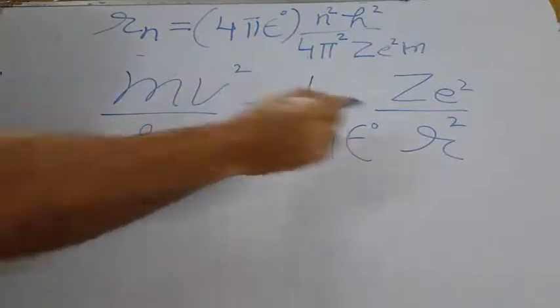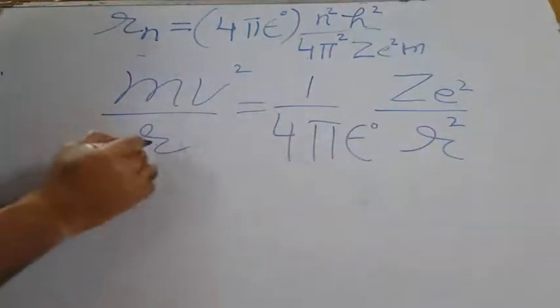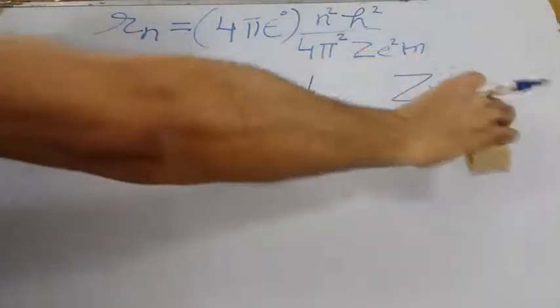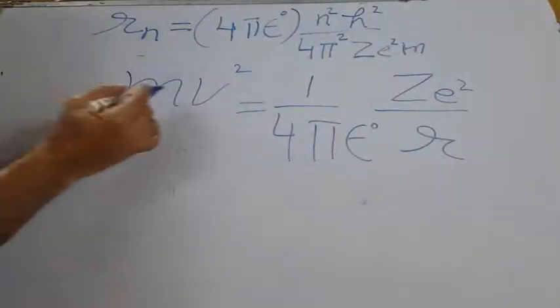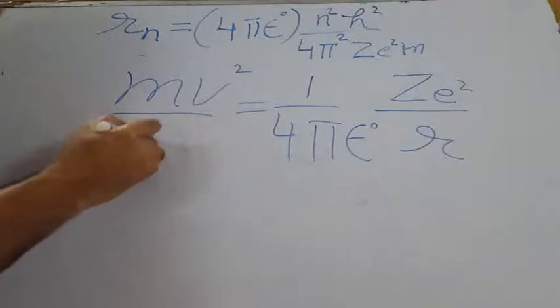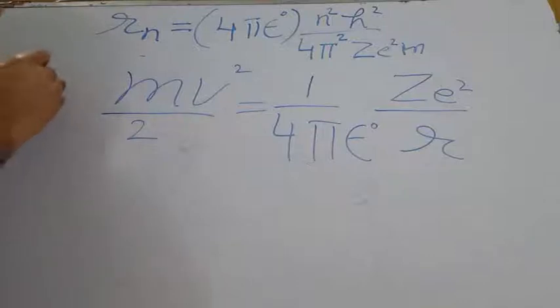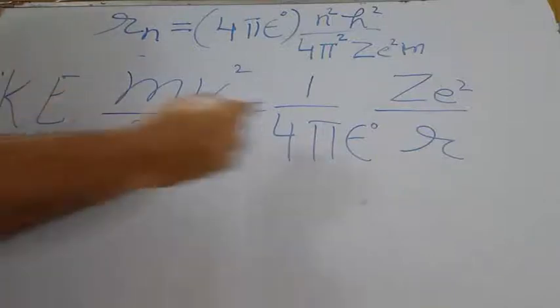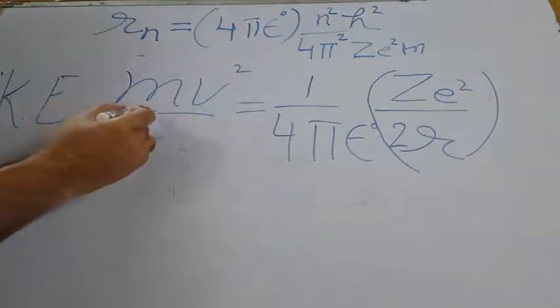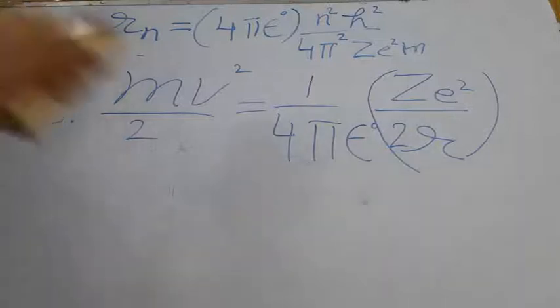Here this side has r square, if you multiply by r, this r is gone, and on multiplying this side with r, it comes out to be Ze square upon r and mv square. If we divide it by 2, half mv square is equal to the kinetic energy, and we should also divide this side by 2. Got it? That is why we got this as the kinetic energy of the electron.